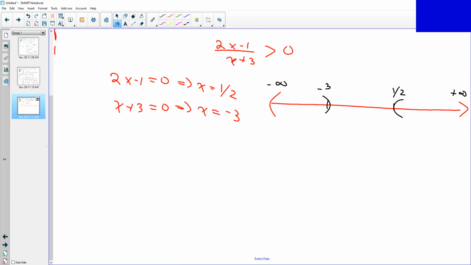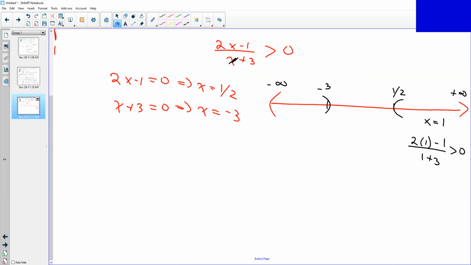So I'm just going to pick something bigger than a half, which I can just pick 1. And then I will plug it right here to see if it satisfies this. If you put 1 here, it's going to be 2 times 1 minus 1 over 1 plus 3. Is that bigger than 0?